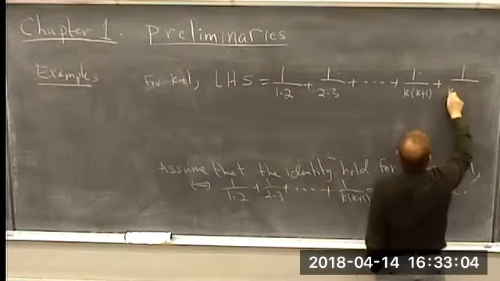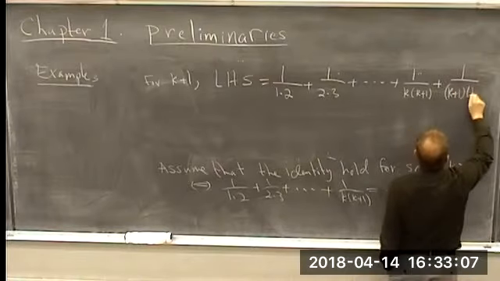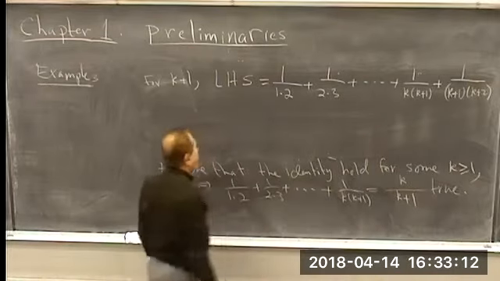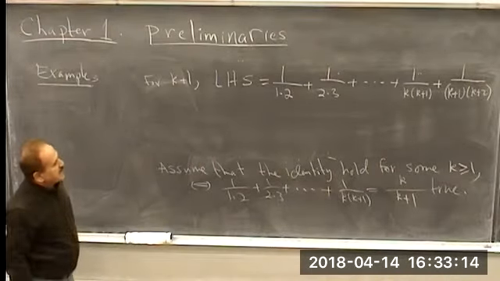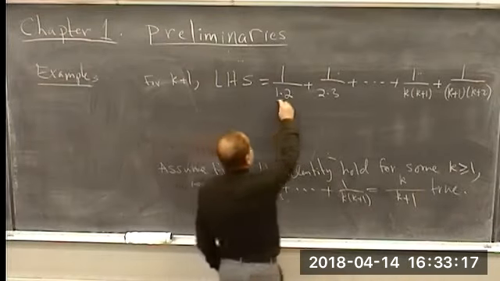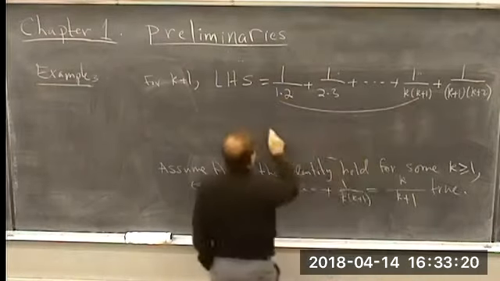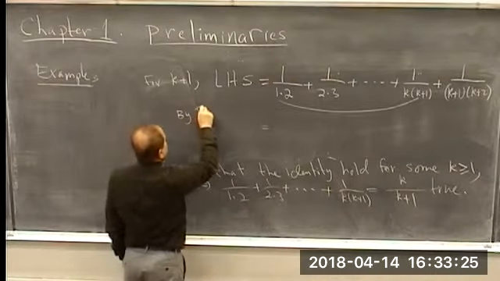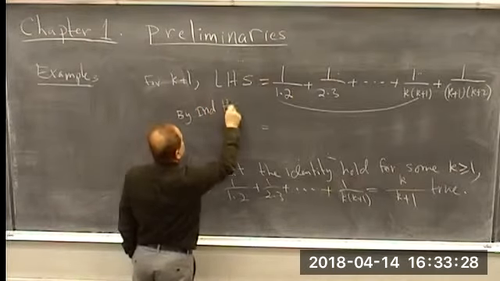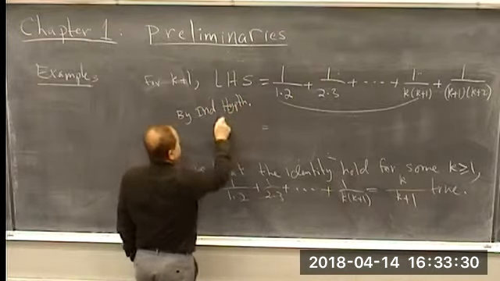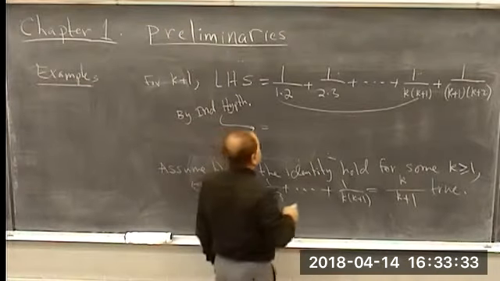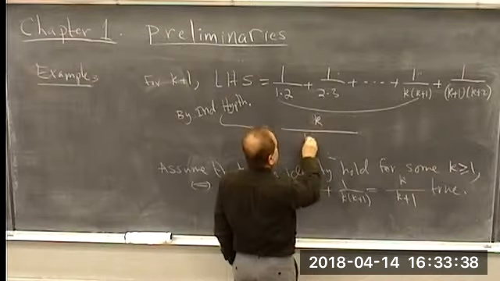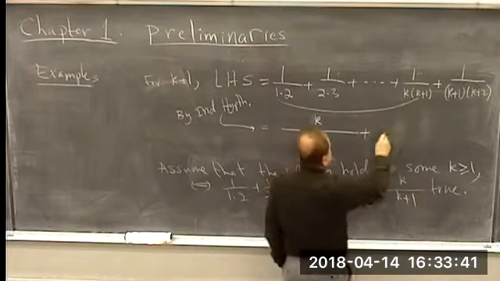That is going to be 1 over k plus 1 times k plus 2. All right? So this is what the left-hand side looks like. Now, by induction hypothesis, we know this is equal to k over k plus 1 plus that extra term.